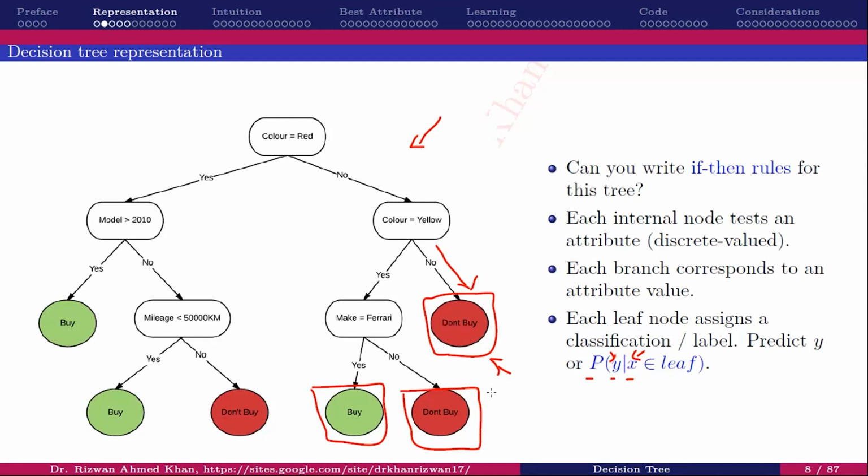But it is also possible that in this leaf node there is some impurity. I will explain this later on, so don't get confused. At the bottom, this is a decision node, and it's so intuitive to understand. Y is a class that we are trying to predict given feature vector x. So in terms of machine learning, this is how we can represent data using a decision tree.